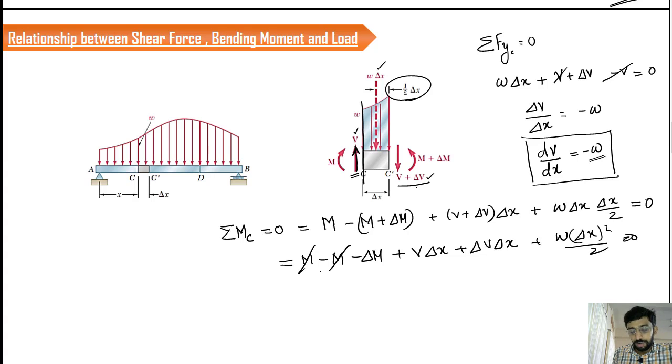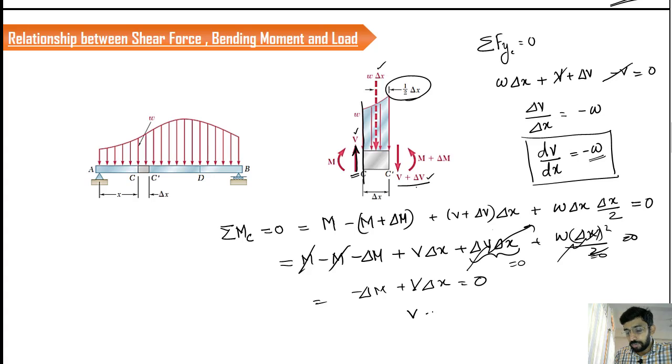So M and M will get cancelled out. Delta V into delta X, both are very small quantities, so the product will also be very small, so we will neglect this. Similar is the case of the last term, W into delta X is very small. If you square it again, it is going to be smaller, so this is also equal to 0. So what is left is minus delta M plus V into delta X is equal to 0.